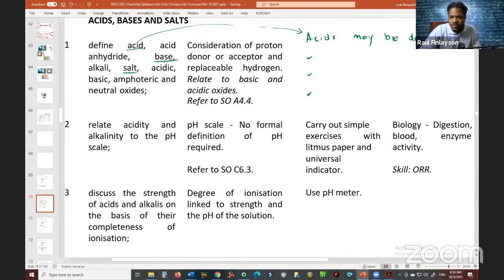The most basic definition is that an acid is a substance that gives up hydrogen ions when it is dissolved in something that contains water. That's pretty much it. A substance that gives up hydrogen ions when it reacts with water. That's it. So acids are all about hydrogen.